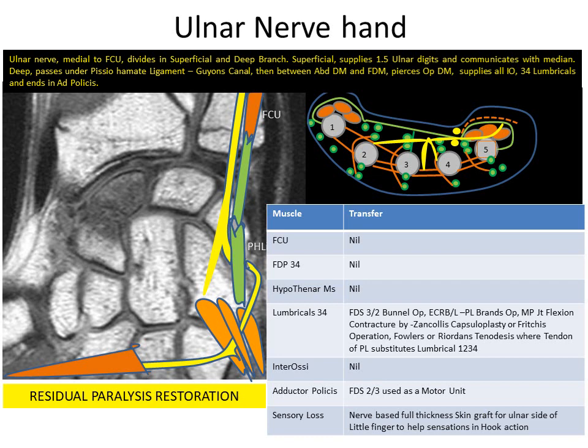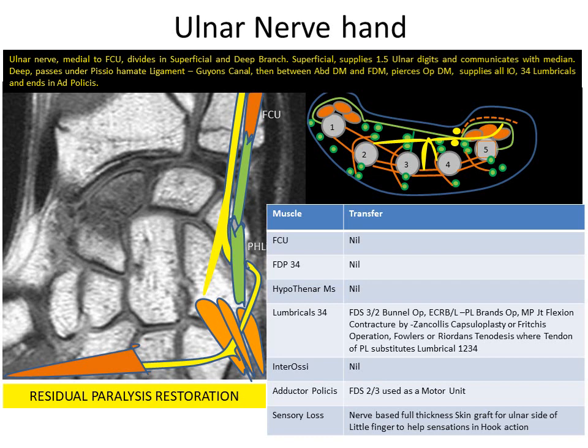Then extensor carpi radialis brevis or longus can be transferred, which is called as the Brand's operation. Then you can try to achieve MP flexion by causing contracture of the anterior capsule of the MP joint, which is called as Zancolli's capsuloplasty, or producing skin contracture on the distal transverse palmar crease, which is called as the Fritschi's operation.